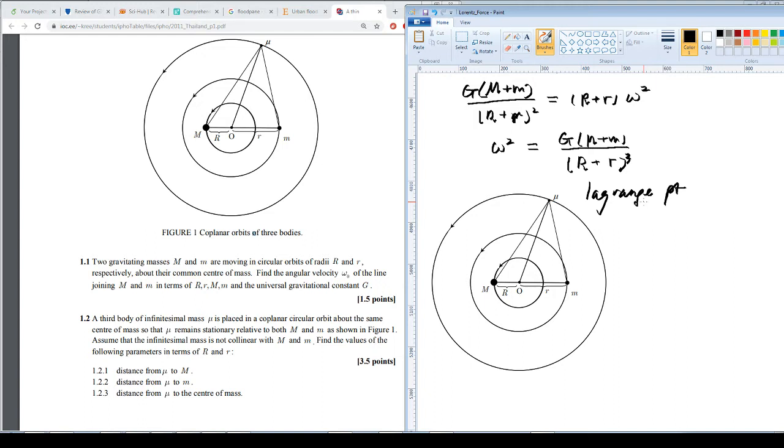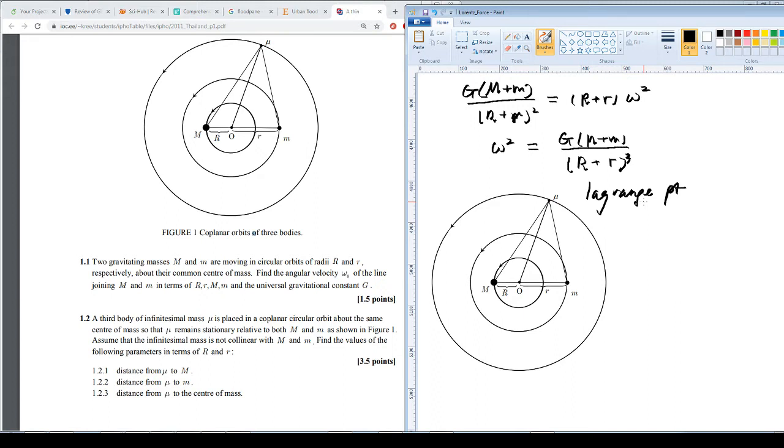Between the Earth-Moon system, the Earth and the Moon also create Lagrange points. I think there are five Lagrange points for the Earth-Moon system. That's typically where you would put something you want to launch that can remain motionless relative to the Earth and the Moon.